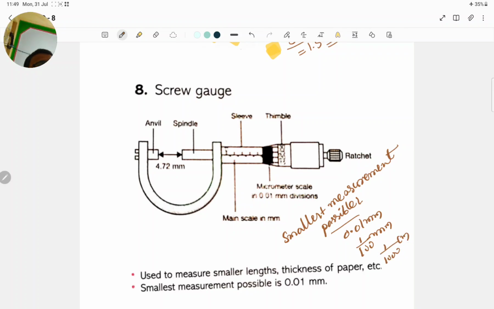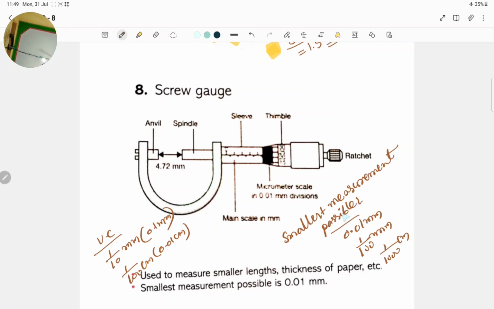Whereas in vernier calipers it is 1 by 10 millimeter or 1 by 100 centimeter, nothing but 0.1 millimeter or 0.01 centimeter. This is the vernier calipers smallest possible measurement.